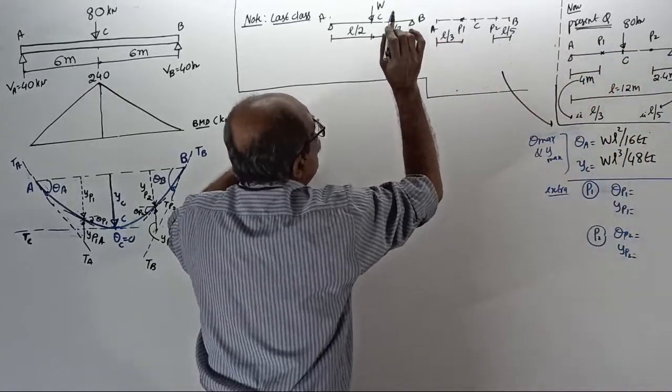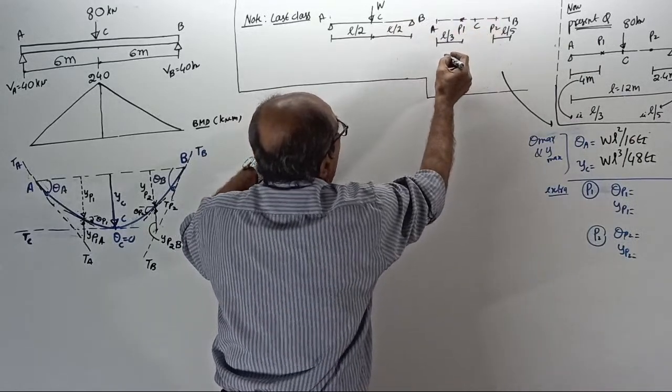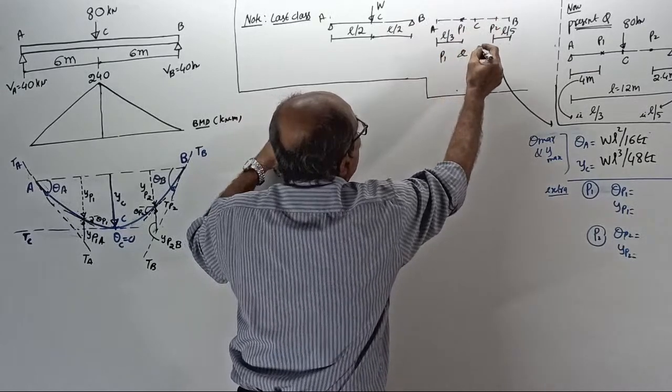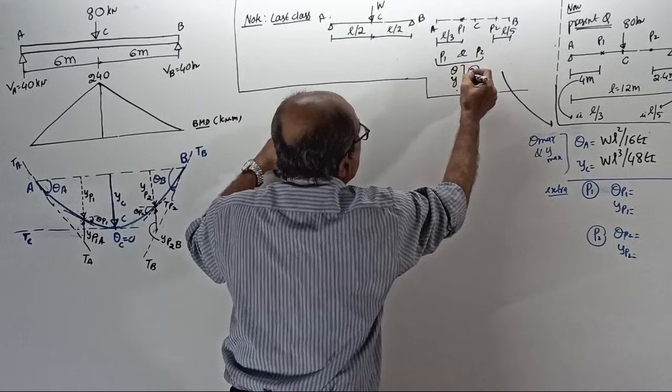Then I asked to find slope and deflection at P1 and P2. These are the extra points.